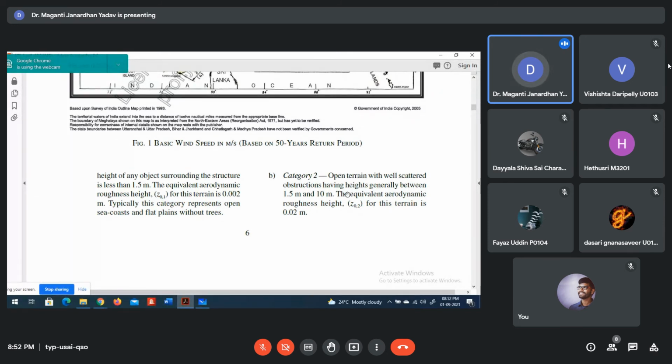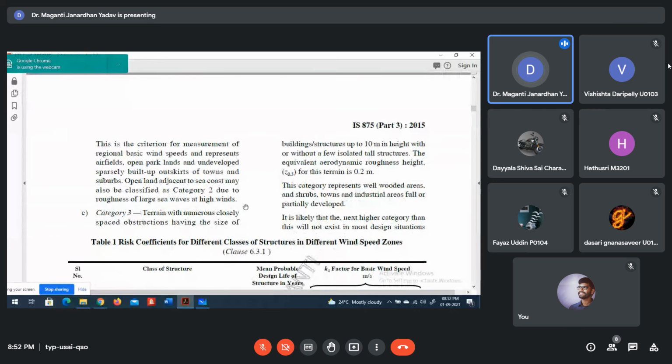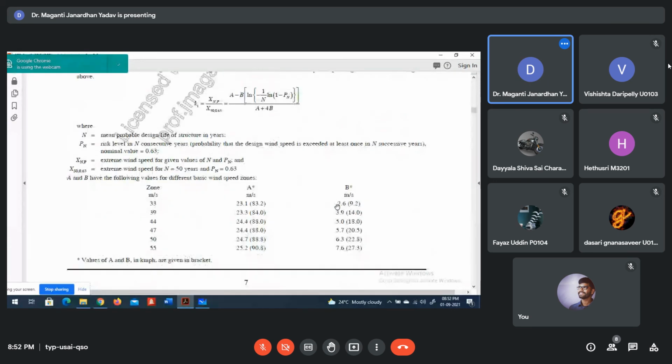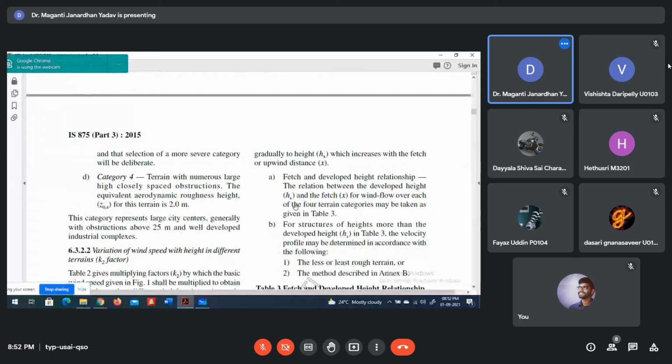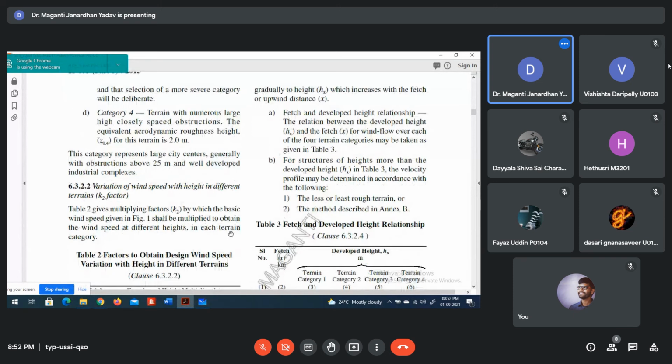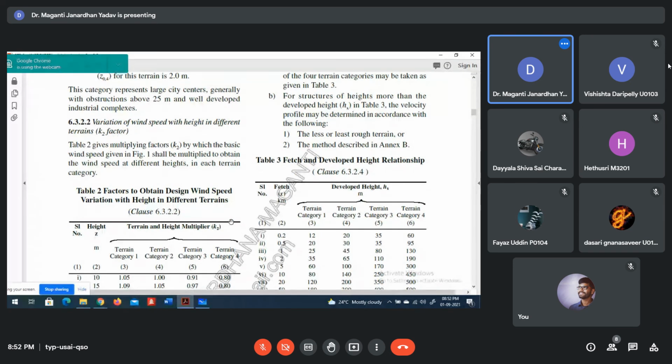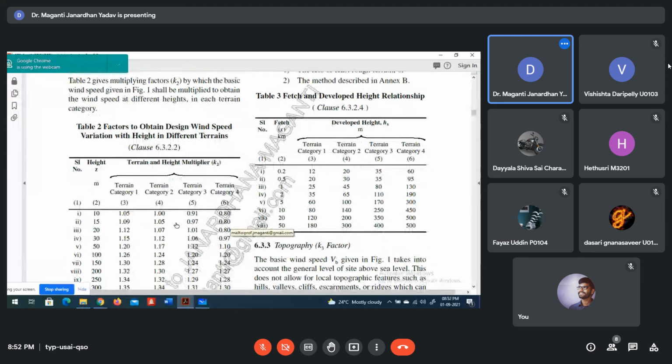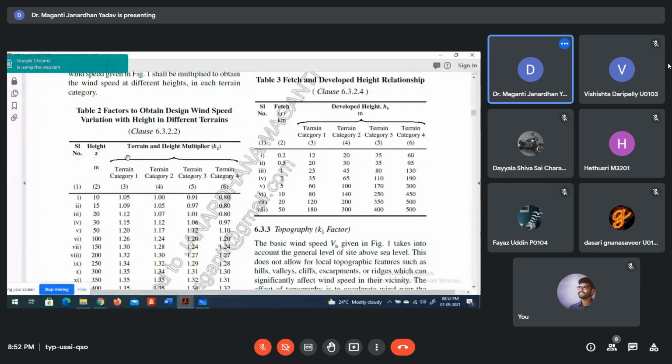So based on the category, there is category 3 also, and then category 4. Depending on the height of the structure and for the various terrains, the K2 values are given.